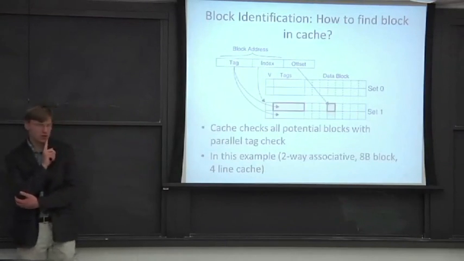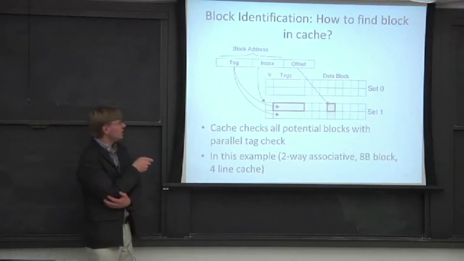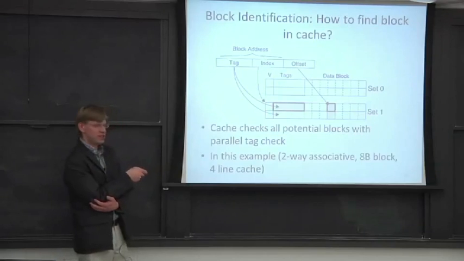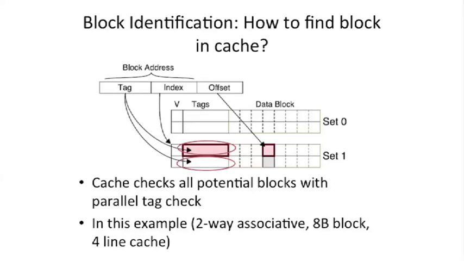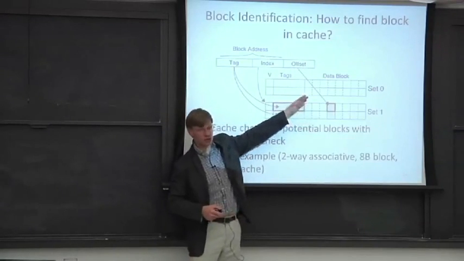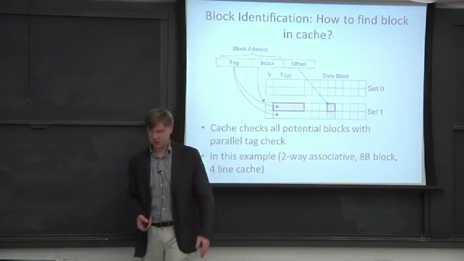But for a cache like this, the index is going to tell us which of the 2 sets it's in, but it can be in either of the 2 ways of these sets. So we actually need to do a tag check against this tag and that tag, and check the 2 valid bits. And many caches can do this in parallel. But that's how you can figure out. And it's possible it's in neither of those 2, and we have to just take a cache miss.